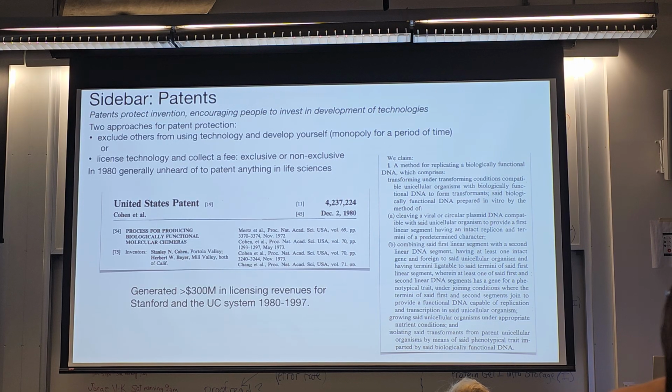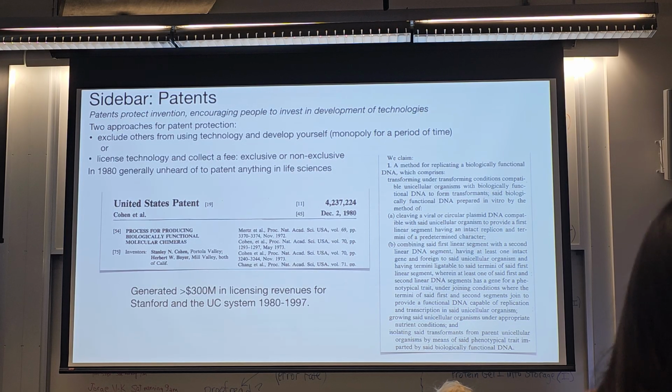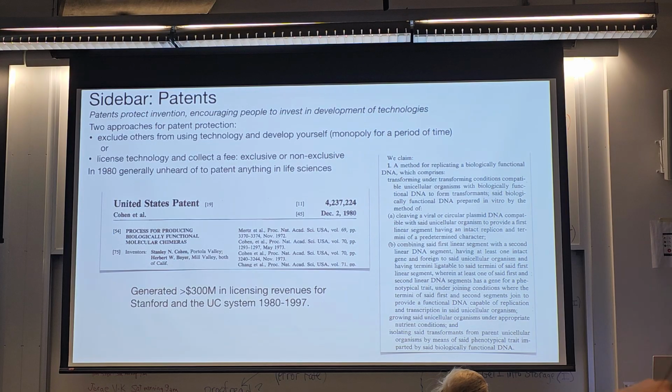So there are really two approaches for patent protection. Getting a patent will exclude others from using your technology, and you can develop it yourself, so you have a monopoly on your technology for about 17 years. Or you can get a patent and then license that technology to other people who can then use it and then give you a fee for that technology.